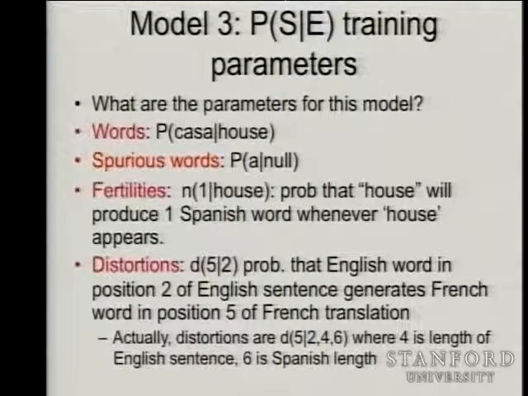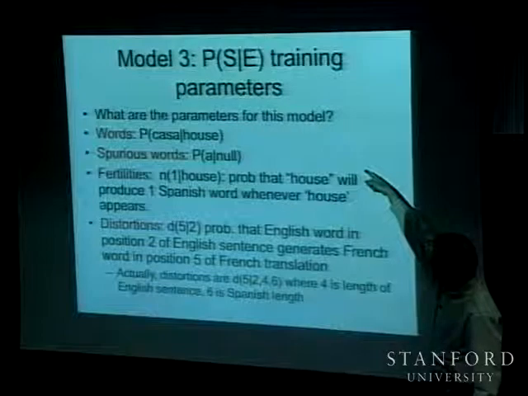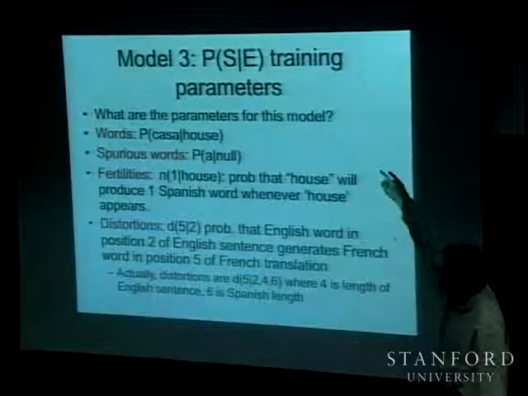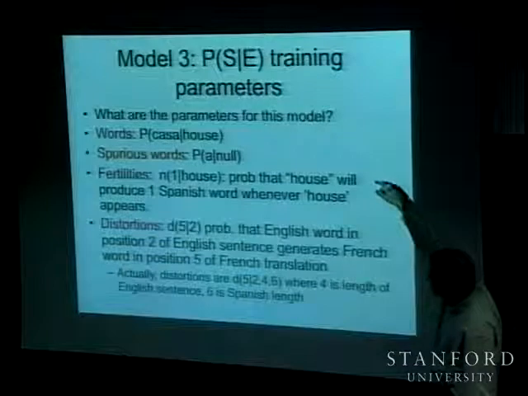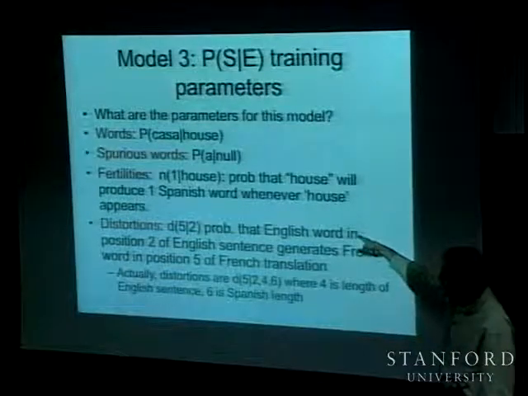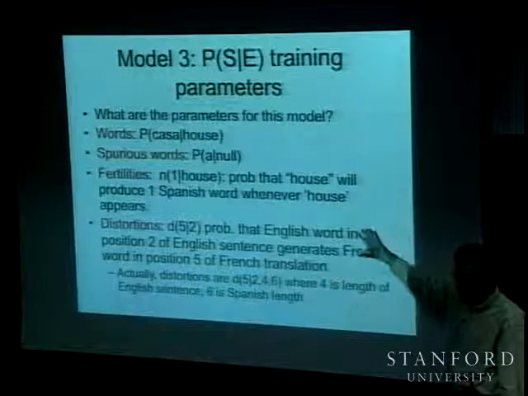Okay, and so that's what you're seeing here. So the translation probabilities, chances of putting in an extra word for the translation, where that R is the Spanish R, not the English R, fertilities of words, and then distortions. These are the kind of distortions that you'll want to have in Model 2 for the assignment.